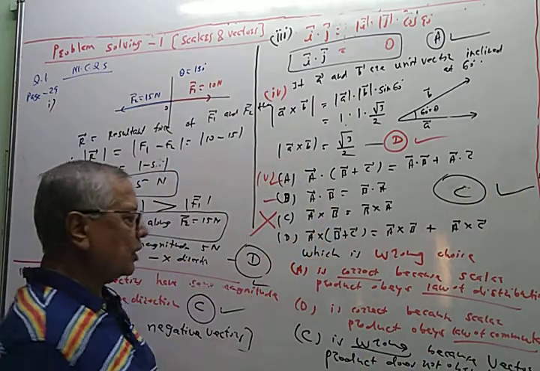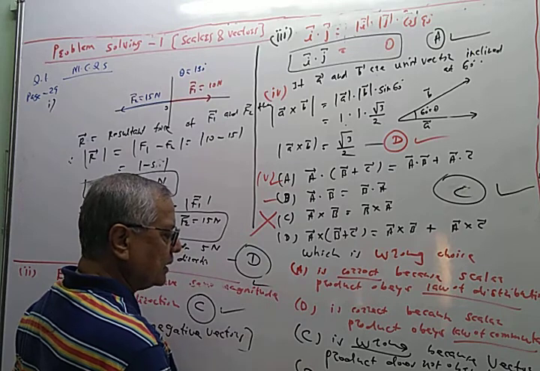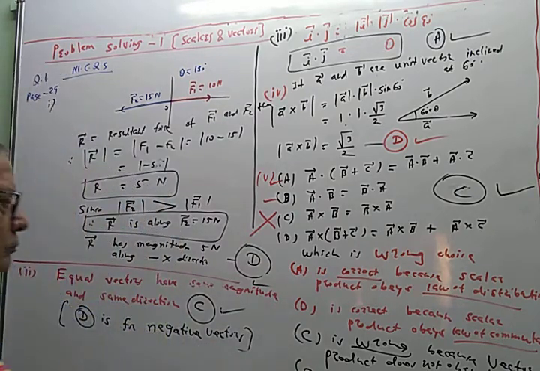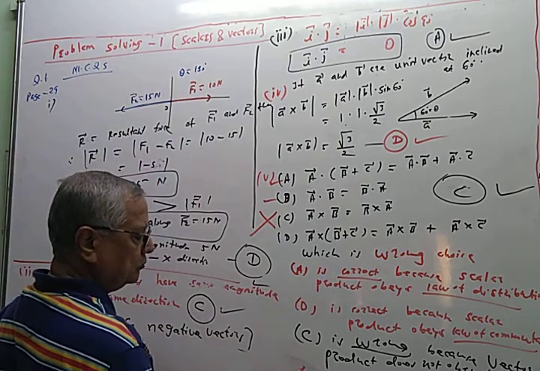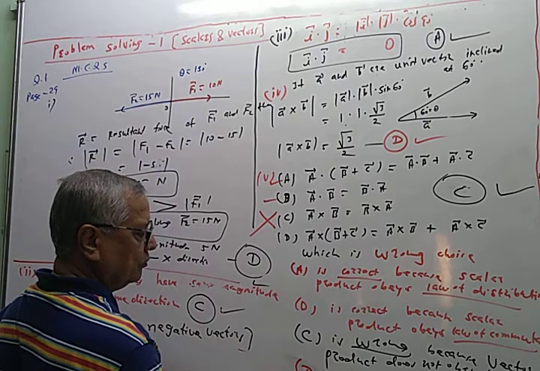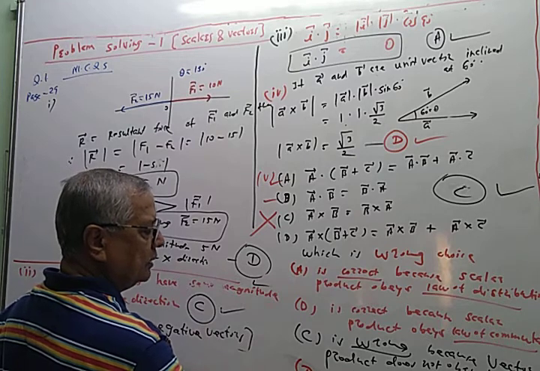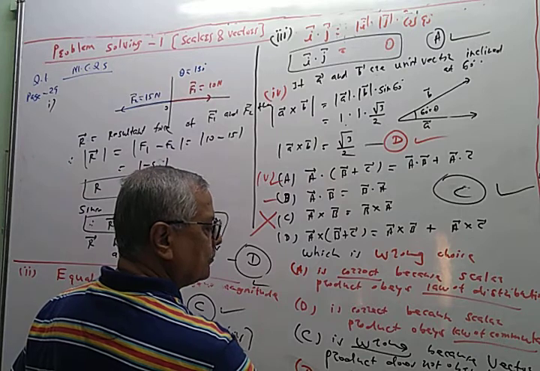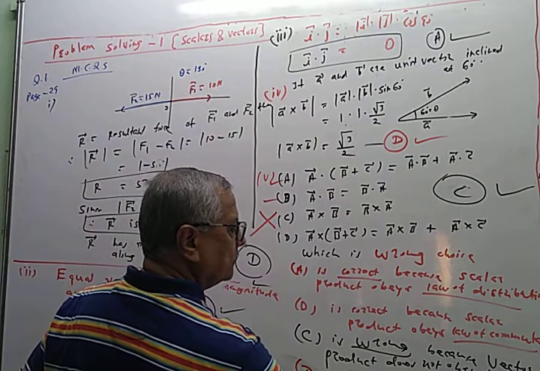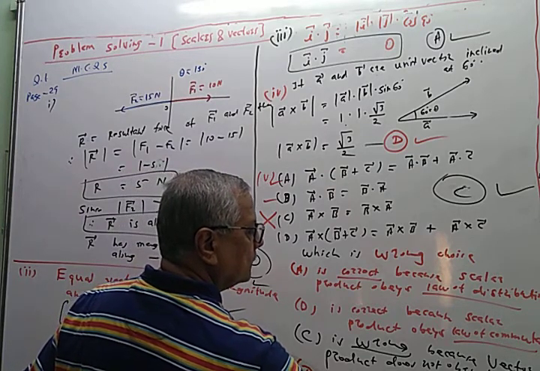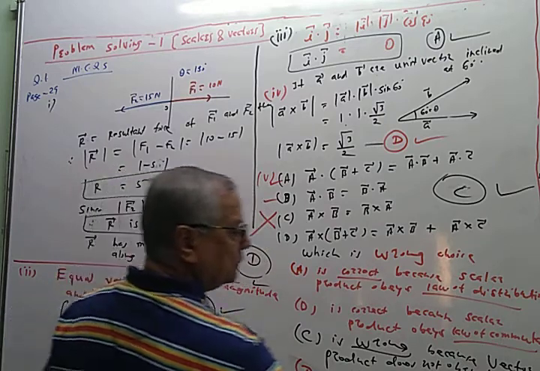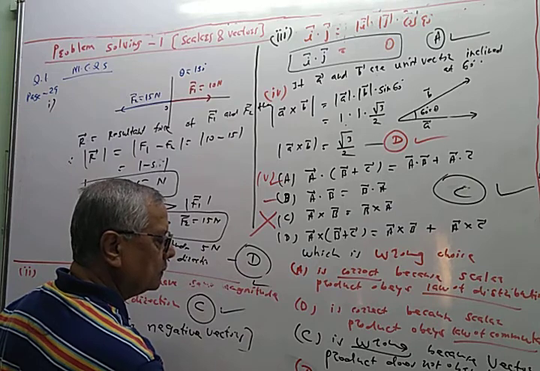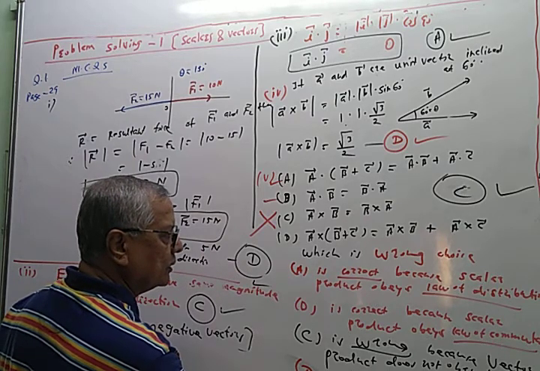Now D is correct. Why? It is the law of distribution. D is correct because the vector product obeys the law of distribution.